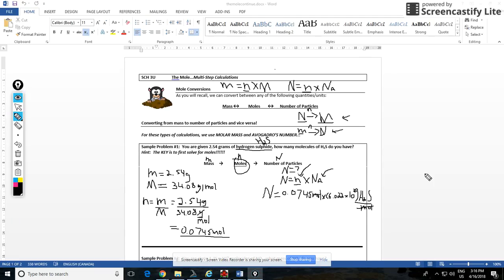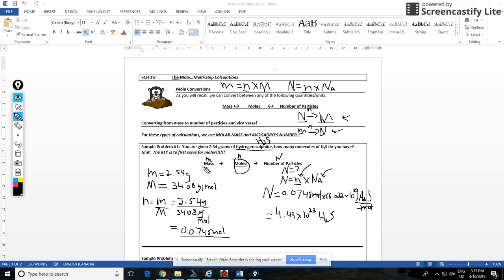So 0.0745 times 6.022 times 10 to the power of 23, all in brackets there. And that gives us 4.49 times 10 to the power of 22 molecules of H2S in 2.54 grams.